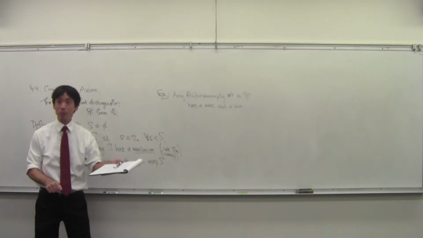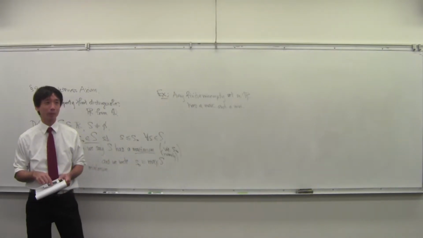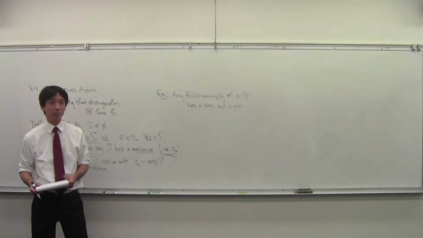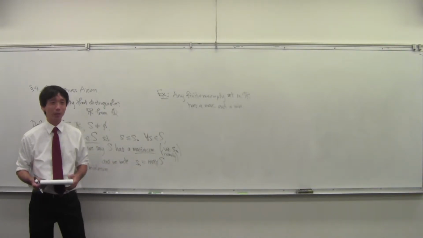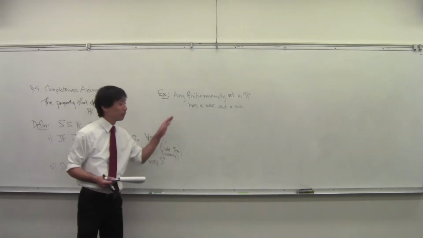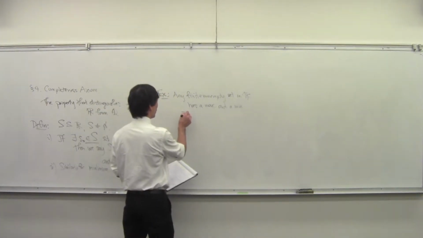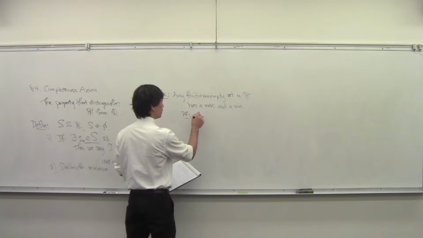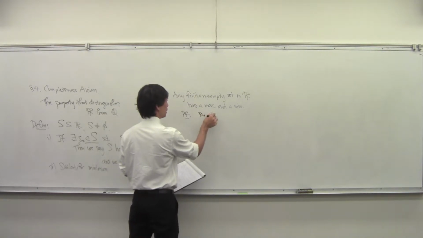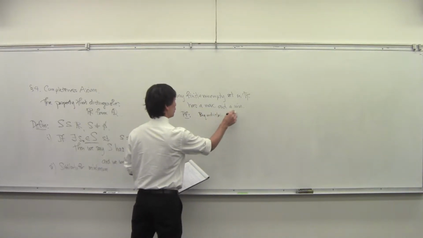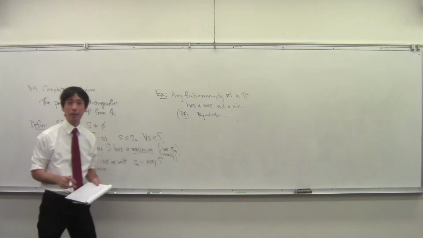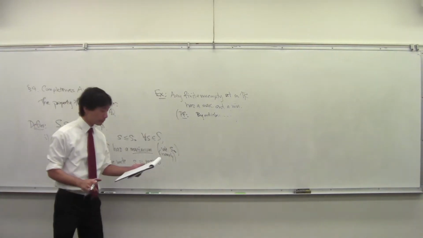Or there's going to be some smallest one, and that one will be the minimum. But of course in mathematics we can't just say it's obvious, so you have to prove it. I'm going to have you prove it for the homework. You can do it by induction, or some other way you feel like.